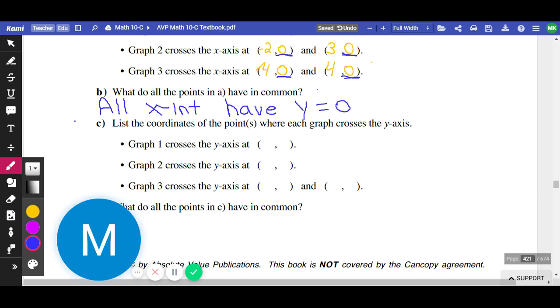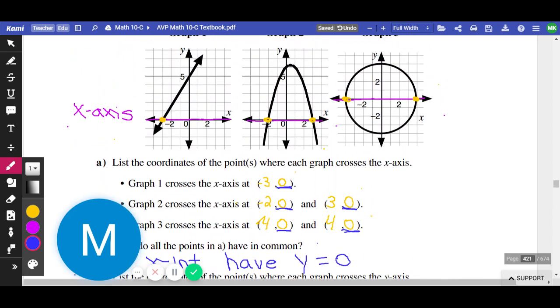Awesome. Let's go back to those graphs and let's see if we can find the y-intercepts of those things. So if you're looking at the first one, y-intercept is where you're crossing the y-axis. The y-axis is this blue line right here. Right? It's your up-down line, your vertical line. That creates your Cartesian plane. You're trying to figure out where your graph crosses the blue line now.